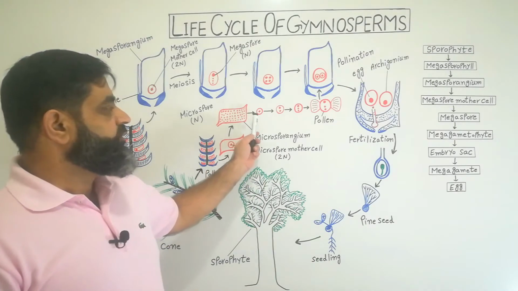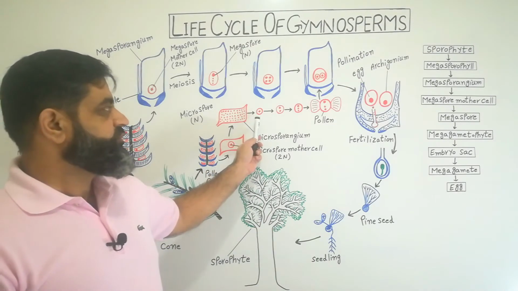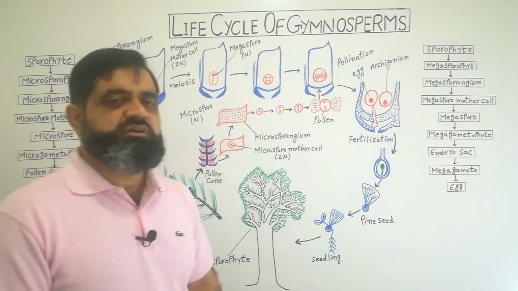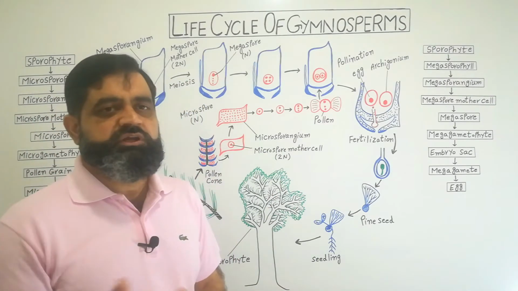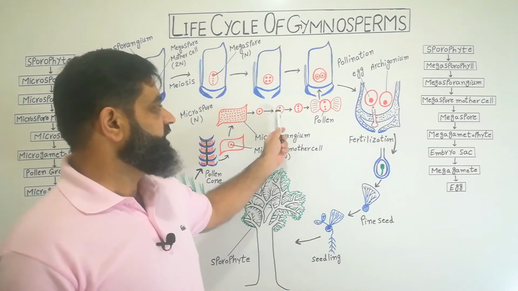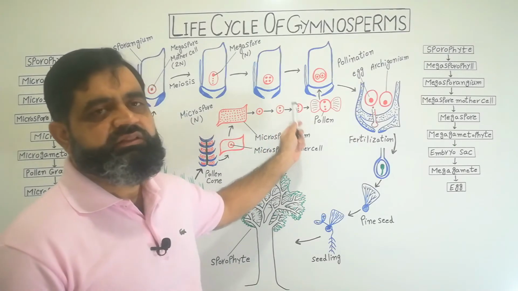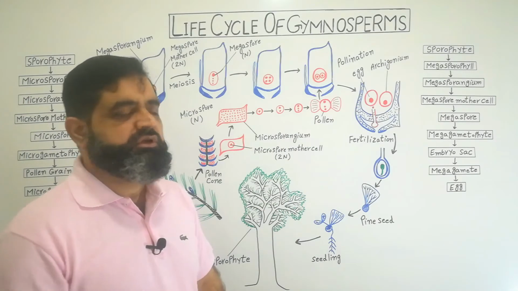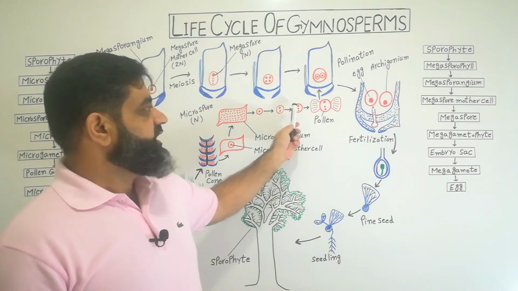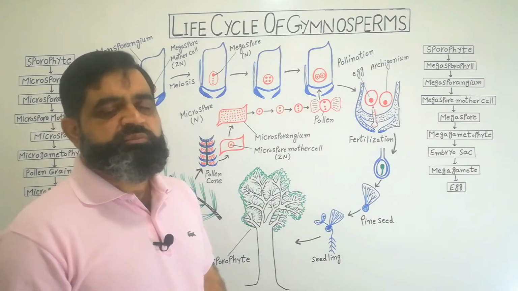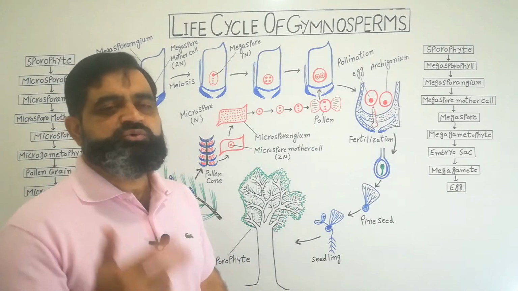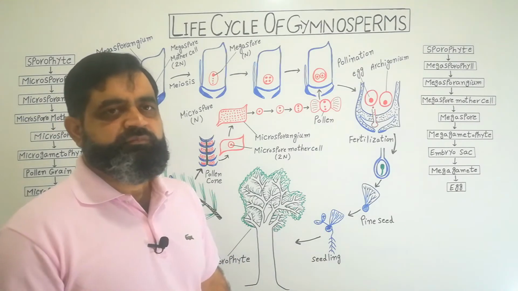I have taken out one microspore from this microsporangium and this microspore has a single nucleus. It divides mitotically into two, and then one cell remains the same while the other cell divides into two cells again, and in this way three cells are produced. One cell is known as the pollen tube nucleus which will produce the pollen tube, while the other two cells are sperms.